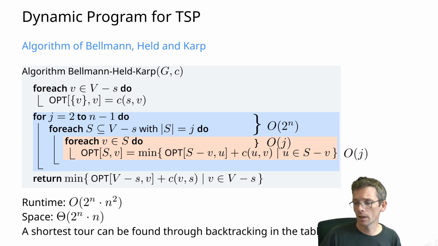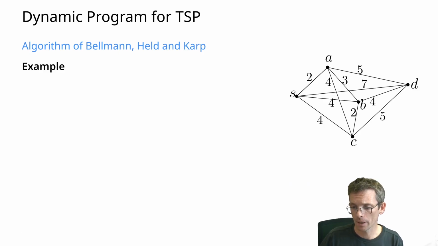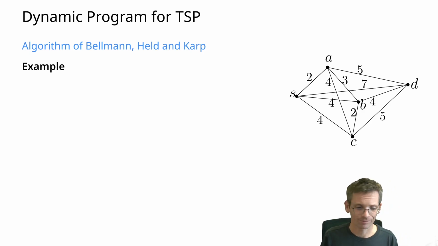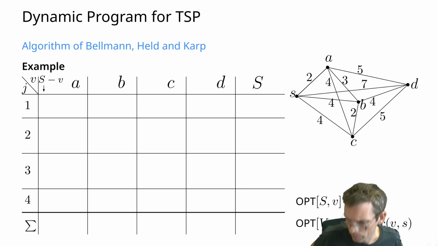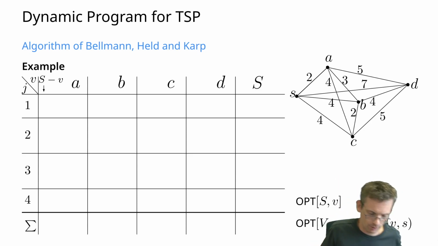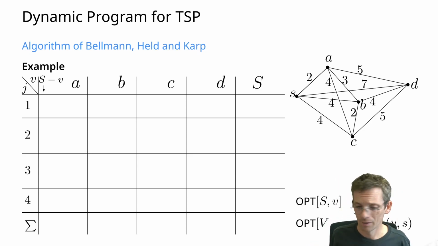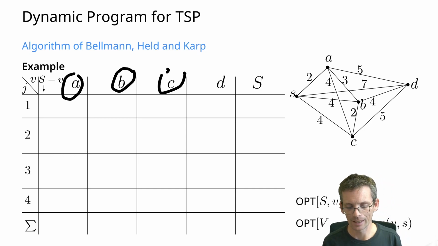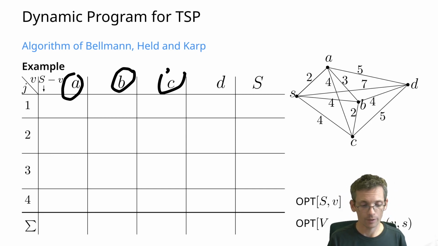Let's finally look at this by an example, the example that we've already seen. So here's my graph. I will try to draw a dynamic programming table. It is a bit difficult to draw because I'm going to write all subsets into it. We have the first row, and in the first row we want to go from small s to all other vertices, A, B, C, D, without visiting anything in between.